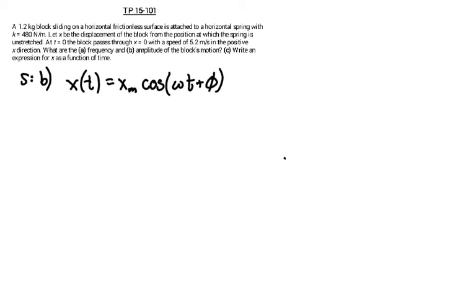Now from part A, we have our angular frequency. We know what the block is doing at time 0. It is at a position 0 and has a speed of 5.2 meters per second. What we want to find out here is our maximum amplitude, and we'll see if there's any effect of our phase constant in the final result.